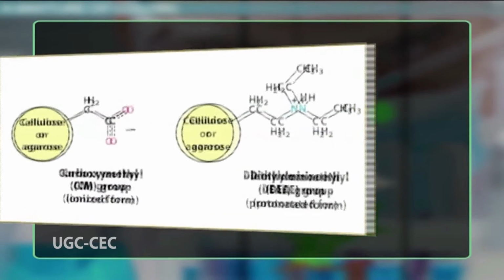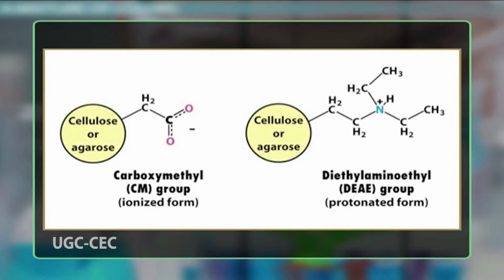These types of exchangers can maintain their charge density over a pH range of 0 to 14. Examples of functional groups of weak ion exchange resins include diethylaminoethyl, DEAE, which is an anion exchanger, and carboxymethyl, CM, which is a cation exchanger.